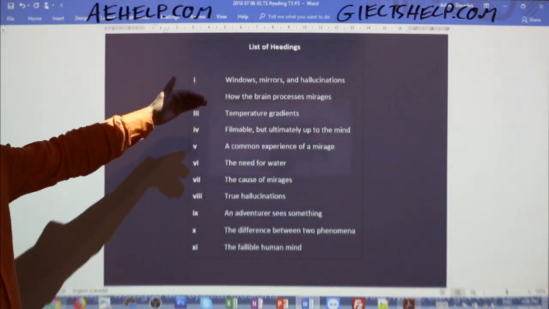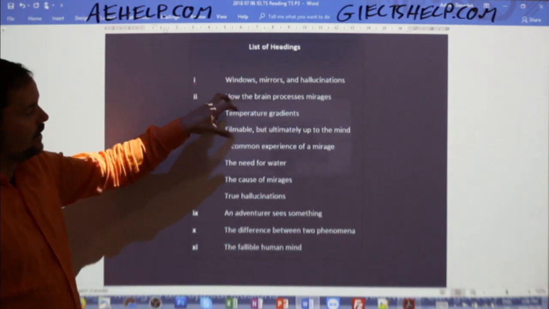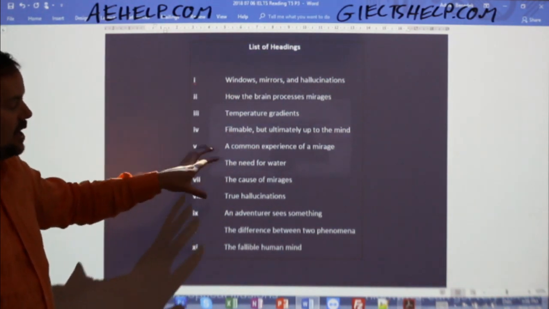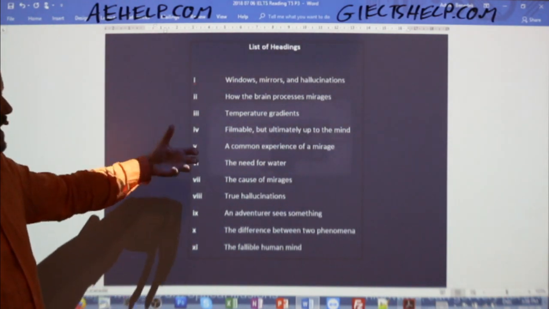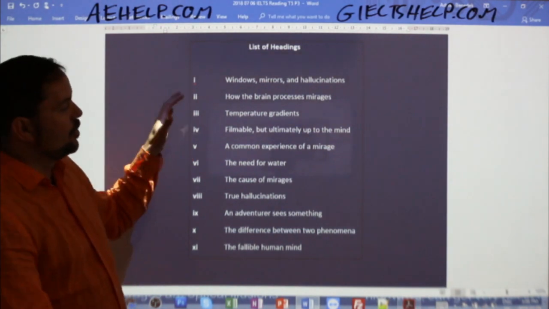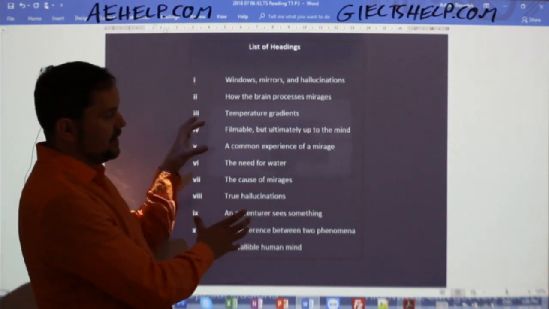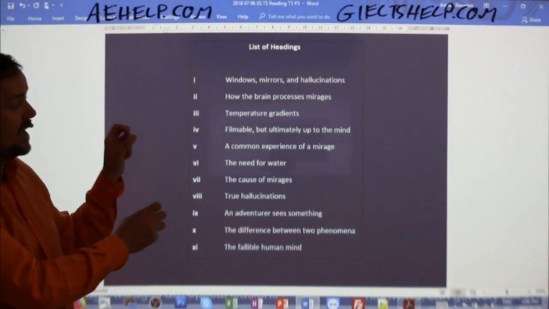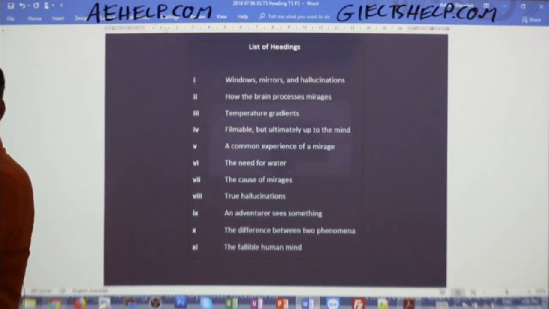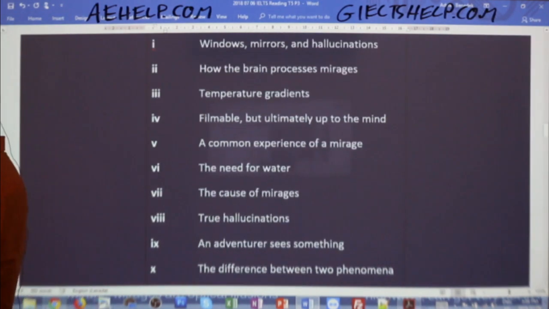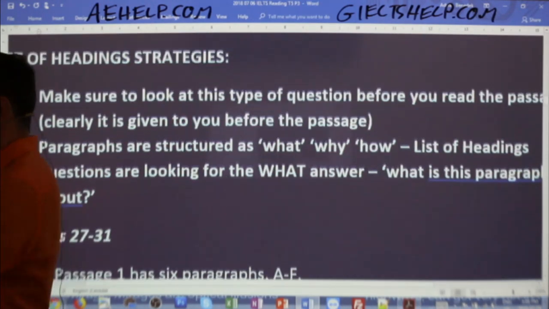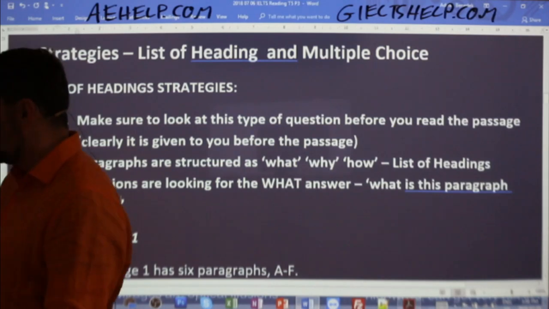And some of these choices are not a what type of information, but they're a why or a how. So they're details. Details are not the correct answer in list of headings. So you have to be very careful that you're focusing on the what information, what is this paragraph about, and not the why and not the how, okay? So don't get lost in those details, all right? So we'll look at this, of course, and I'll show you in practice how this works. So you're looking for those what questions, all right?